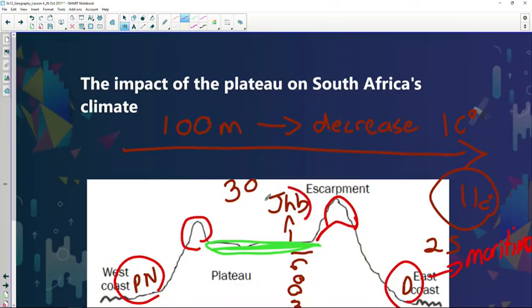Now, places over the interior, like Johannesburg over here, what type of climate do they experience? Continental climate. So nothing can moderate the temperatures over here, and that's the reason we experience warmer conditions over the interior than at the coastal regions. And that's the reason why the altitude factor doesn't play a huge role over the interior of Southern Africa.